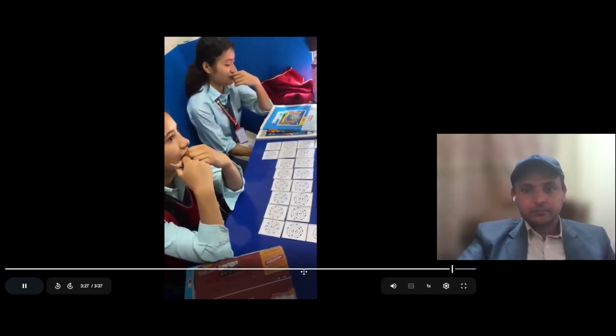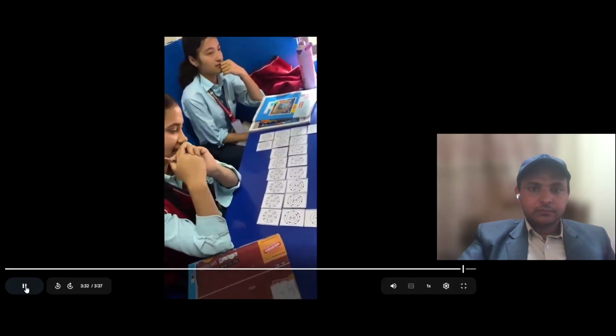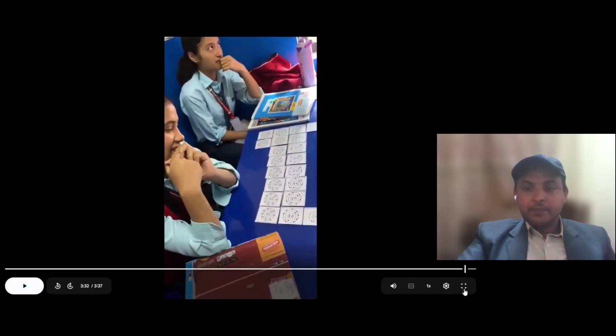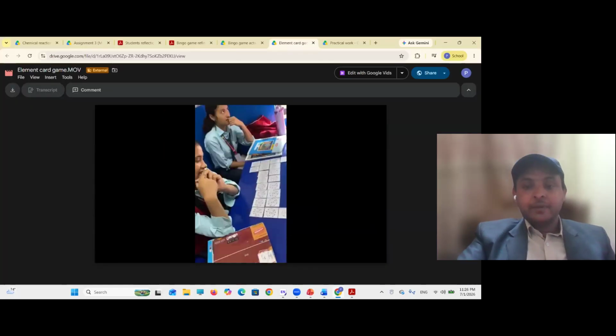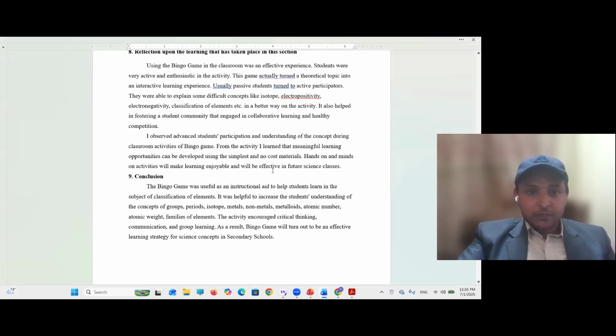Now she is studying the periodic table by making this atomic structure card, and this kind of activity helps them achieve the following learning outcomes.